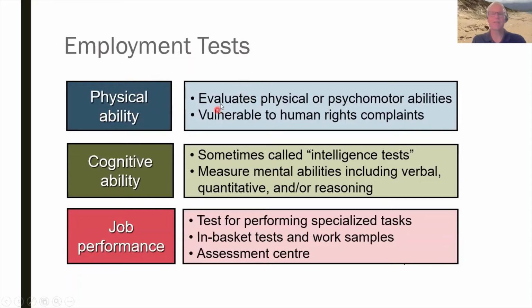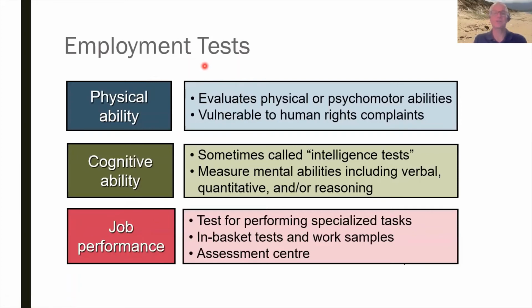A lot of these physical ability tests are morphing into more job performance tests, and I'll talk about that in a bit, right? Because particularly a lot of these physical ability tests can be subject to human rights complaints.